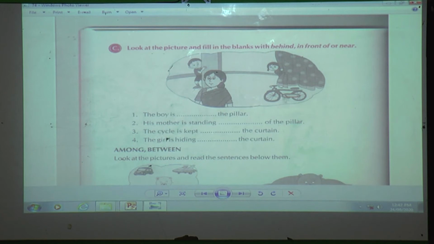Now looking at the picture, we'll see how we have to use the prepositions. Now here if we see, where is the boy standing? Here a pillar is there. Is he standing in front of the pillar or behind? Yes, he is standing behind the pillar. And where is mother standing? Very good. She is standing in front of the pillar. And you can see here one curtain. Okay, where is the girl?